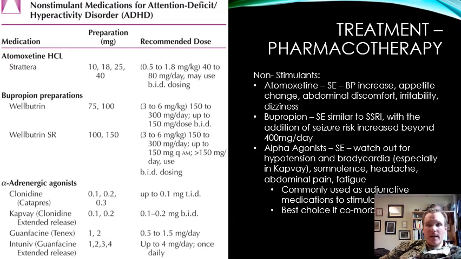Strattera, or atomoxetine, usually reaches its peak plasma level in 1 to 2 hours, with a half-life of about 5 hours, so it can require twice-a-day dosing, which is somewhat inconvenient, but the stimulants obviously are similar in that respect. It can take longer to get the benefit of Strattera than the stimulant medication.